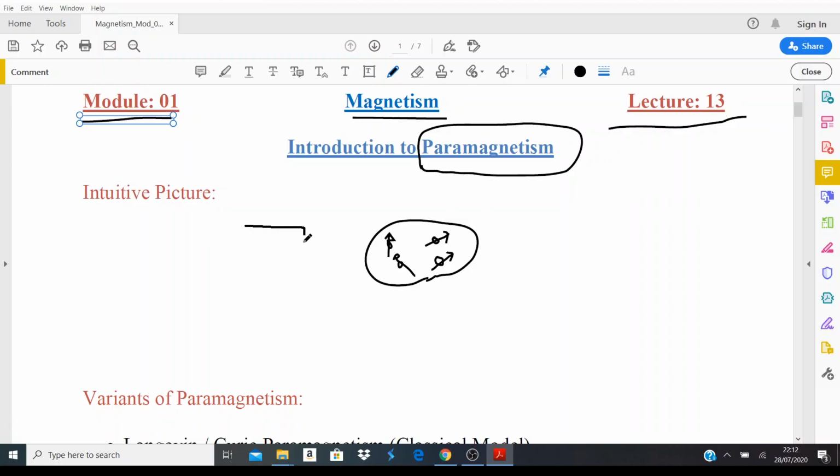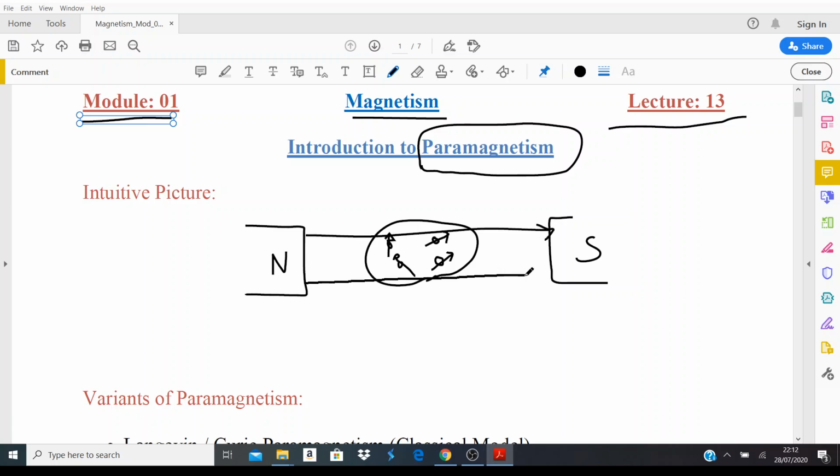Now we want to study this paramagnetic material under the influence of some magnetic field. Let's say we put this material between a north pole and the south pole of some magnet, so the magnetic field lines will be in this direction. Now what will happen is that these magnetic moments inside the paramagnetic material will try to align themselves along the external applied magnetic field.